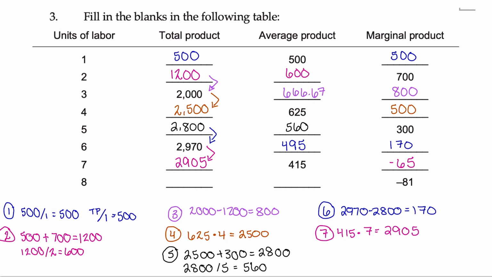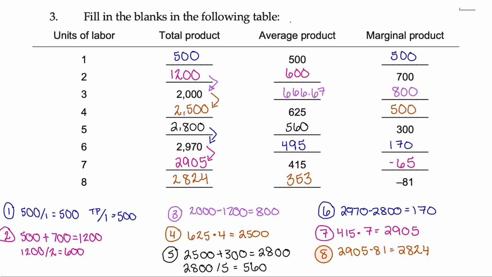And then our last one is negative 81, so we're going to have 2,905 minus 81, which is going to give us 2,824. Divide that by 8, and we get 353 as our average product.